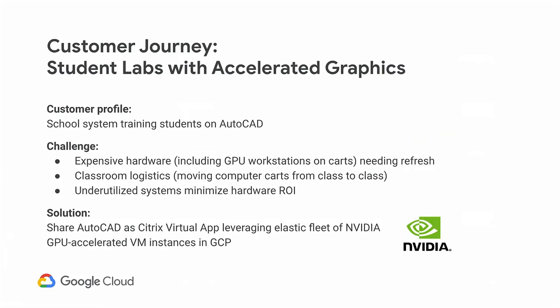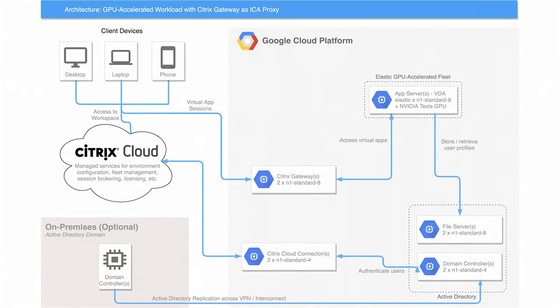They're paying for their consumption of both GPU and compute based on usage, so it ends up being substantially less expensive for them. And they're now able to logistically just have the students use whatever device they happen to bring in and run those things.